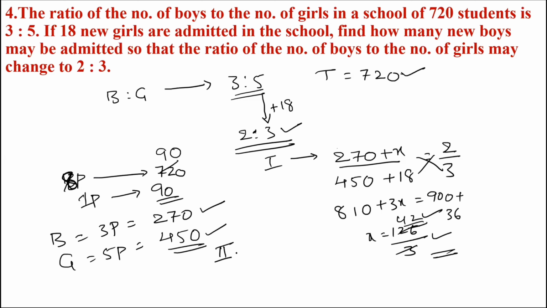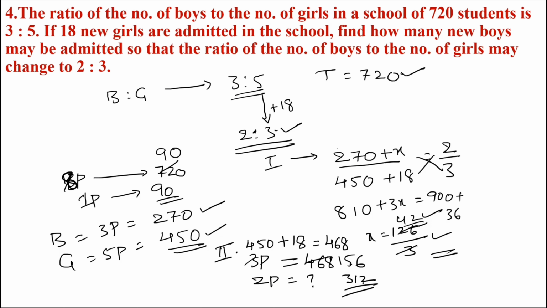Second method is, see, 450 girls are there previously. So now 450 plus 18 added, this will become 468. So this 3 parts is equal to 468. Then what do I need to calculate? 2 parts is equal to how much? 3 1 time, 3 5 15, 3 6 18, so 1 part is 156. 156 into 2: 150 plus 150 is 300, 300 plus 12, 312.